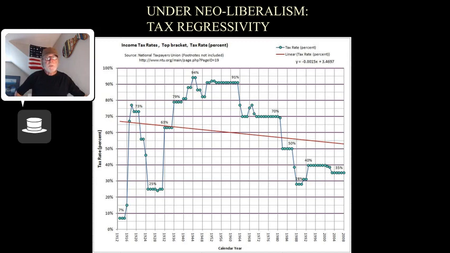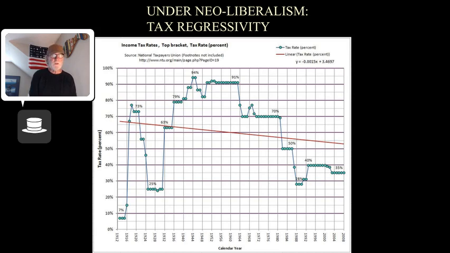So you can see that in the 1920s, there was a little bounce there around 1920, which I believe is related to World War I. Then you have a decline down to a 25% tax rate for the top bracket. And then you have the implementation of the New Deal, and you see a sharp rise in tax rates. I discussed this before.